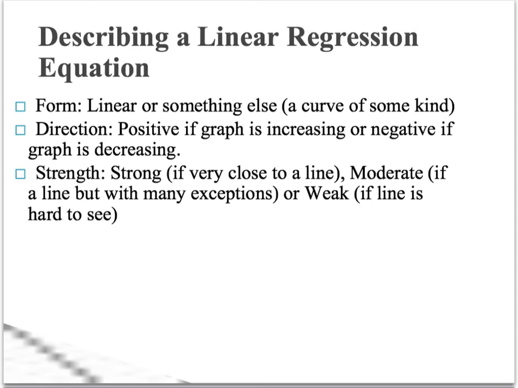Moderate would be something in the 0.4, 0.5, 0.6, 0.7 range. And weak would be numbers less than that, 0.1, 0.2, 0.3. Okay? And 0 would obviously be if we cannot see any relationship at all, not even sure which way to draw the line. So once again, we describe a linear regression equation in the same way that we describe a scatter plot.